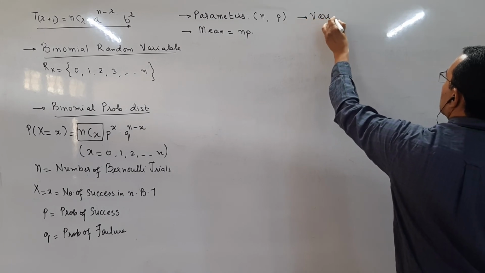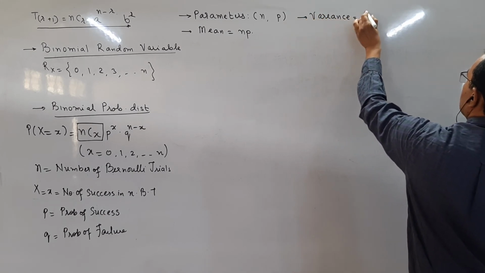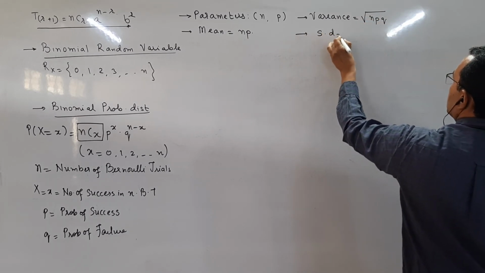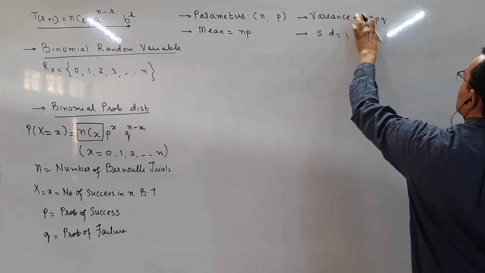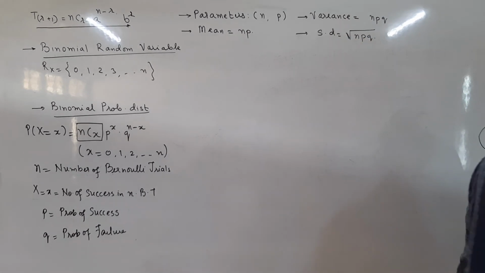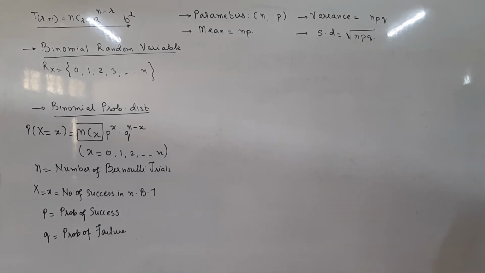Variance of a binomial distribution is npq and standard deviation is root of npq. These are the four basic formulas which students usually apply in the short sums.